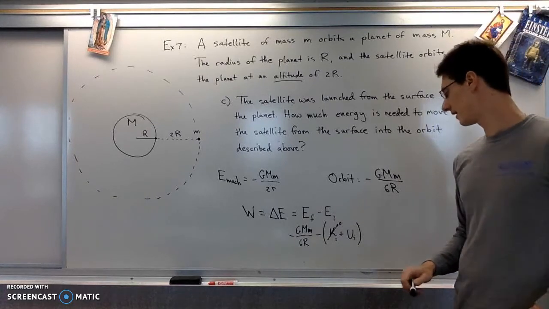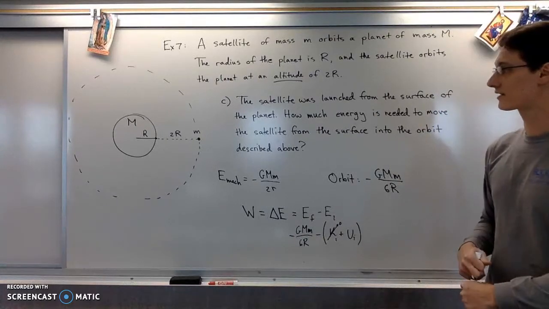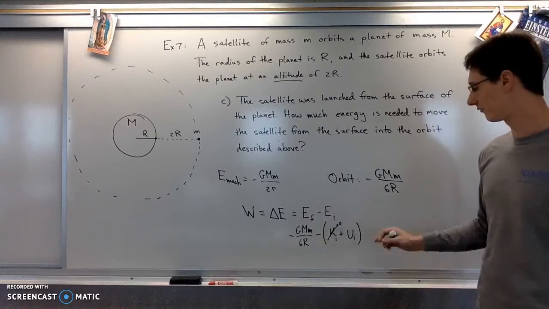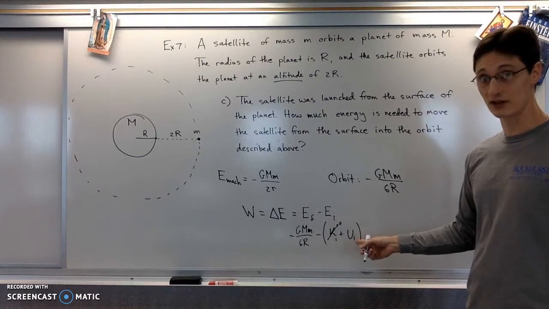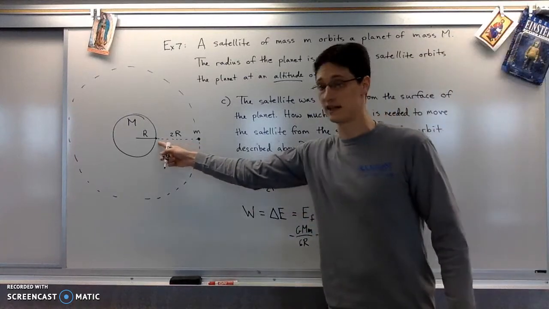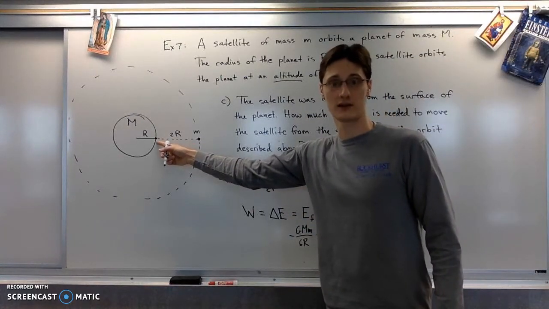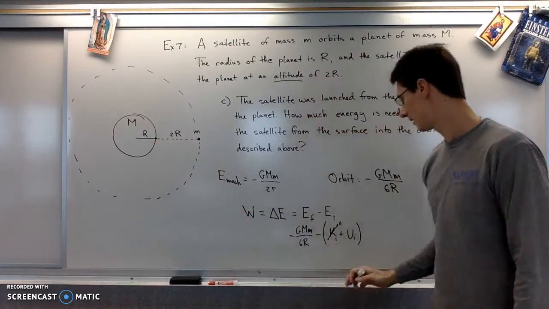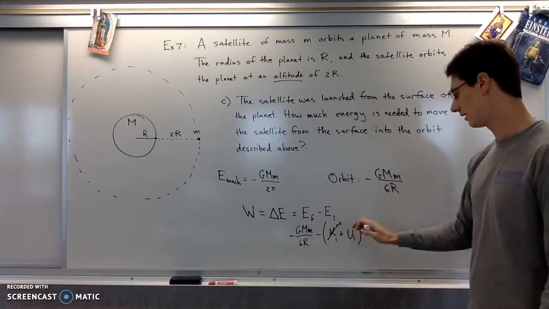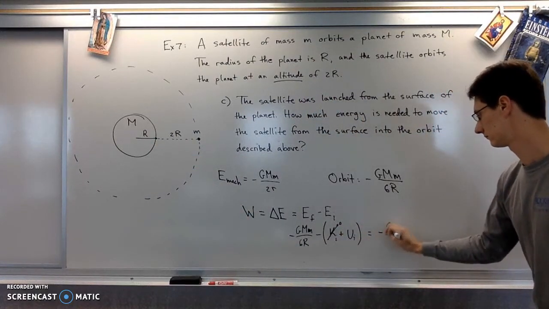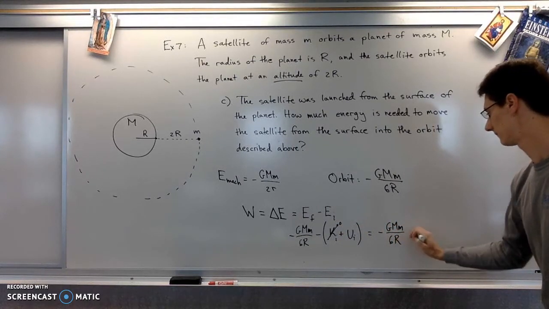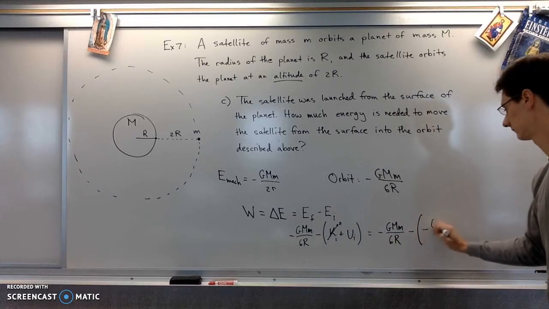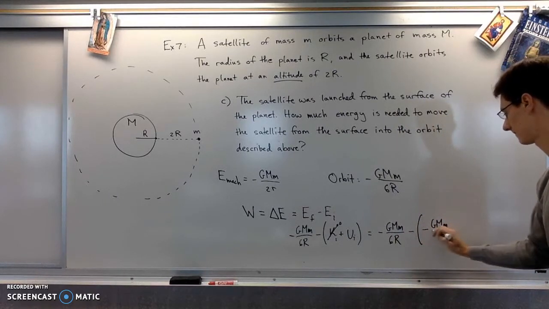Oh, good. Okay. For the initial energy, go back to our formula for it, negative GMm over R, and the initial energy is going to be at the initial radius, which is at the surface, which is the radius of the planet. So that's going to give us this.